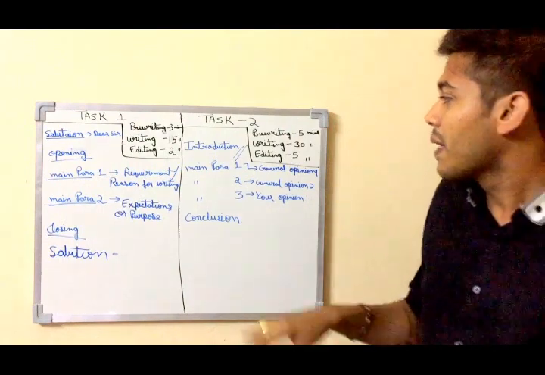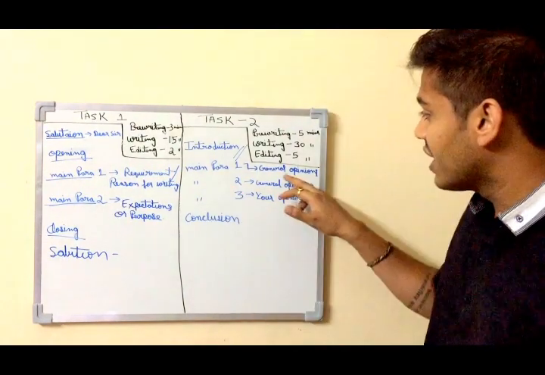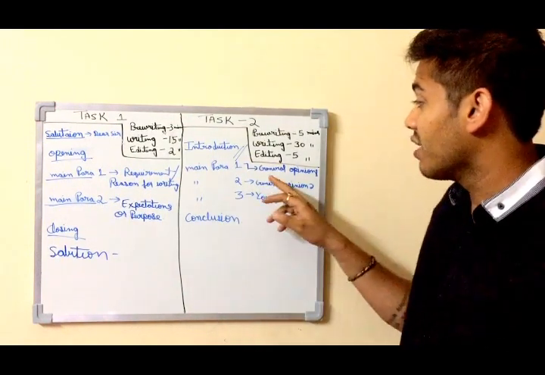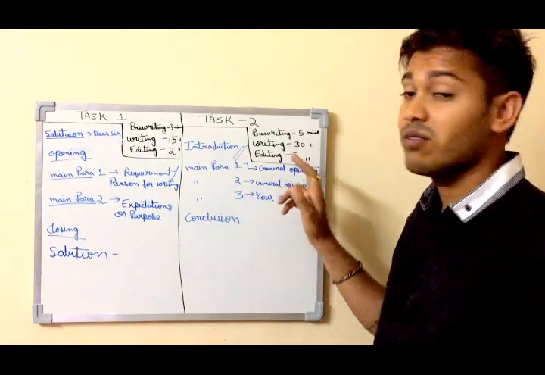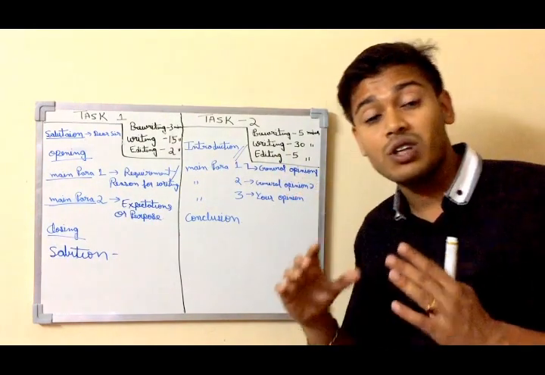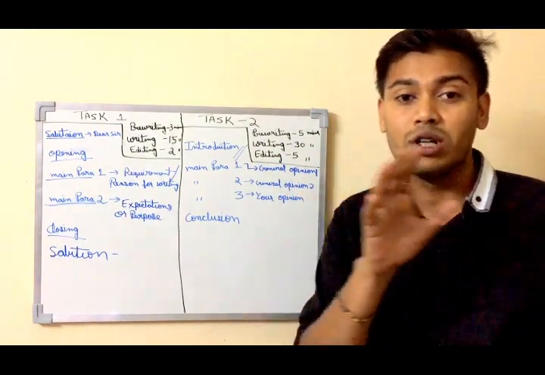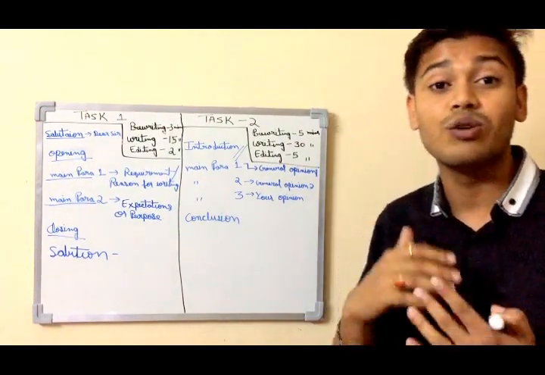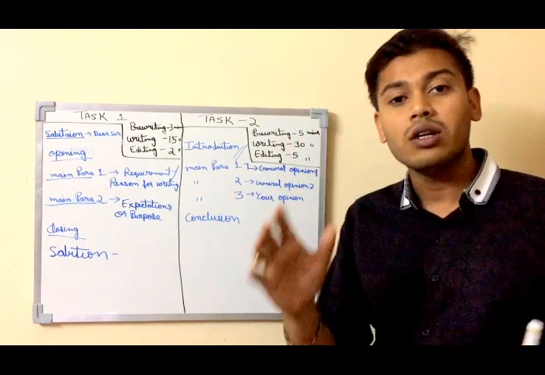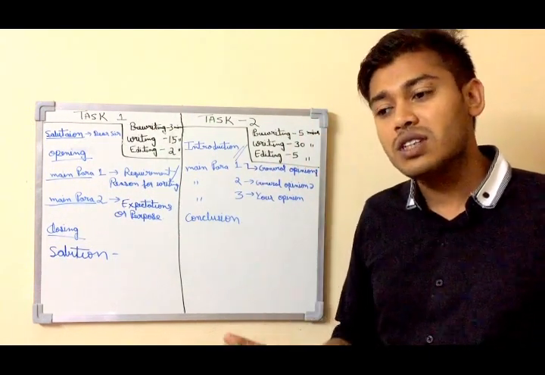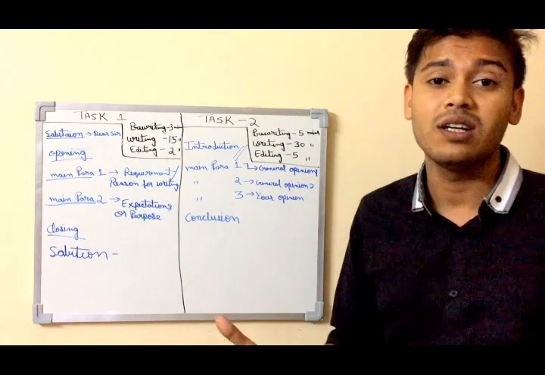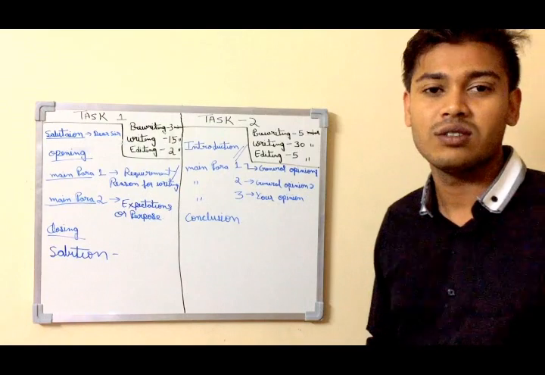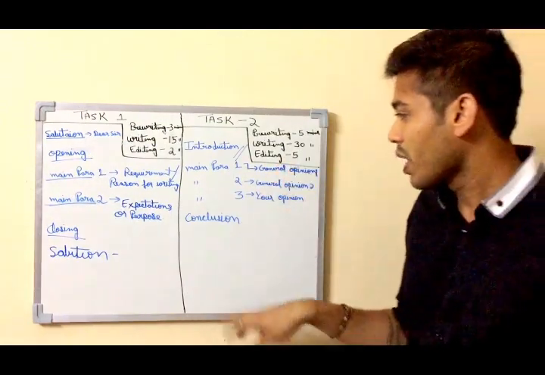I won't tell you the starting words for this, but I will tell you what you need to write. In main para 1 you just write the general opinion of one group, and in main para 2 again you write the general opinion of some other group, or the opinion which is believed by some group. Obviously there have to be two opinions, so you can easily do this.